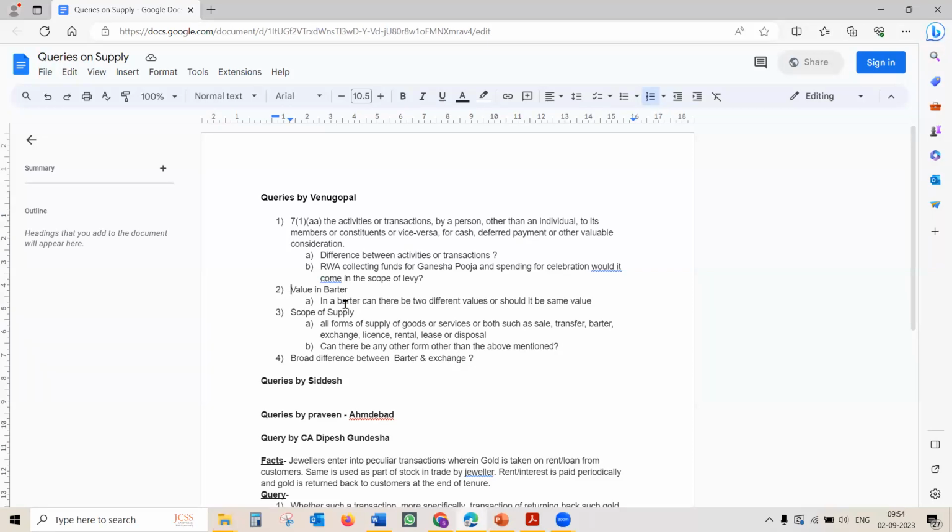Even though this is a barter transaction, a single value has not been picked. Of course, Rule 27 Clause A is giving a very precise answer to this. But just to give a view that in case of barter transactions in the real estate sector, they have also picked a different formula for both ends.